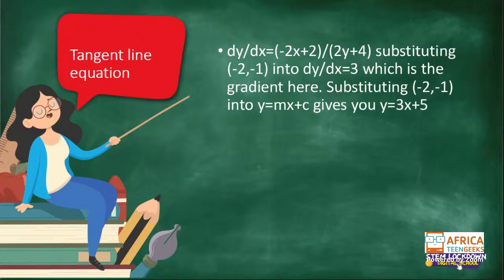Now 2 times -1 is -2, -2 plus 4 is +2. Therefore, when you do 6 divided by 2, you're going to get the gradient, which is 3. And once you know that gradient, using that equation, that's where you get again y equal to 3x plus 5.